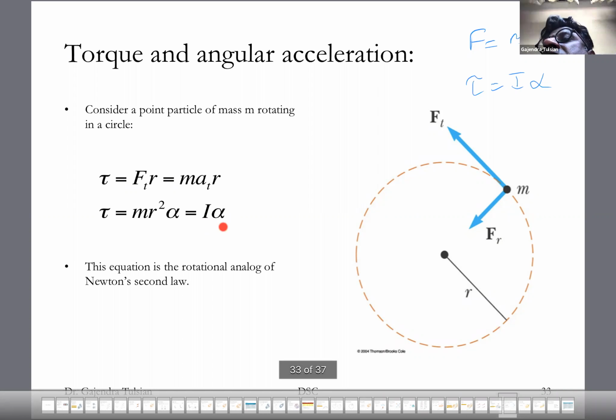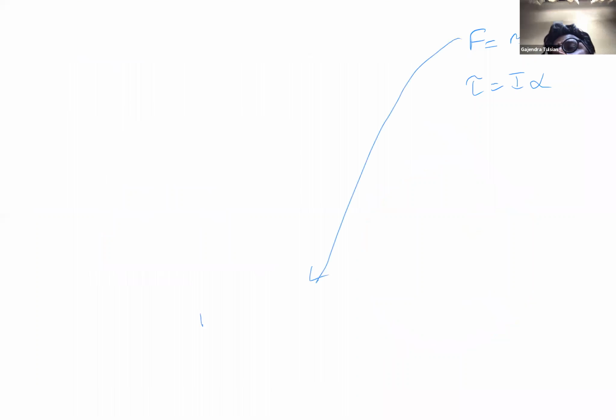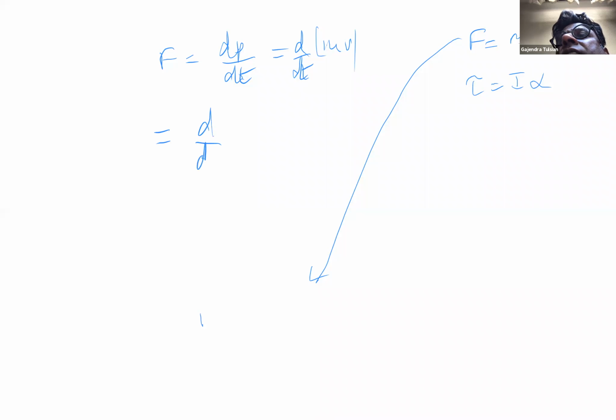And remember, when was this formula valid? Newton's second law was really force equal to dP by dt, which is equal to d by dt of mass times velocity, which from the chain rule is dm by dt times v plus m dv by dt, and dm by dt times v plus m times acceleration.